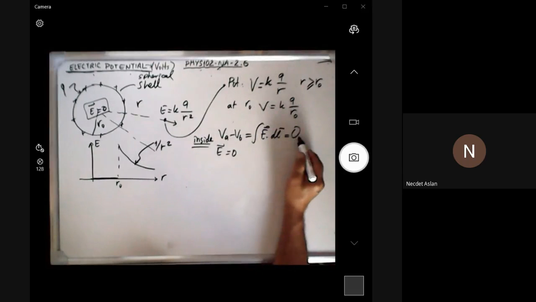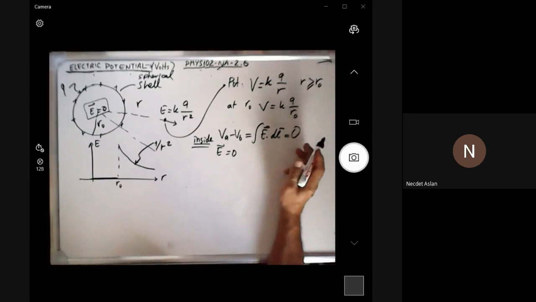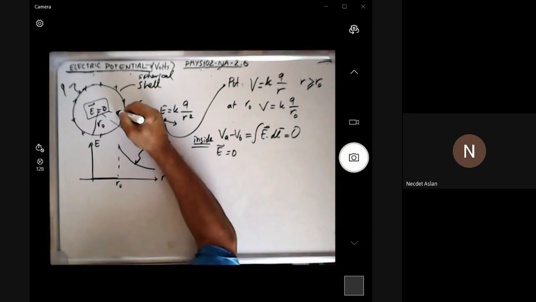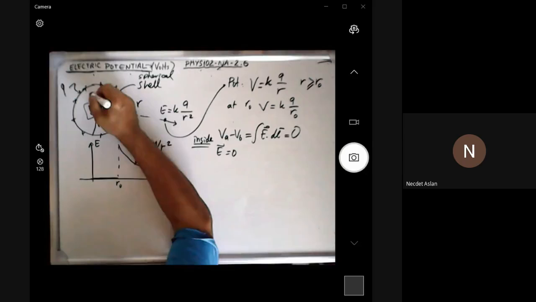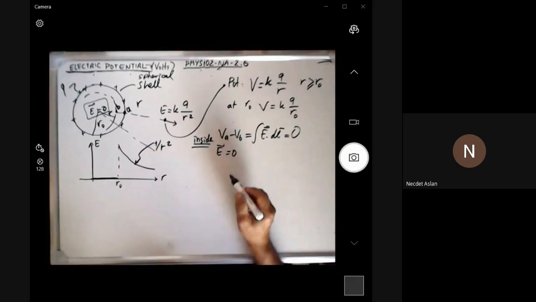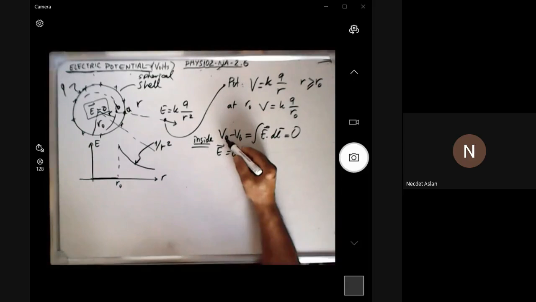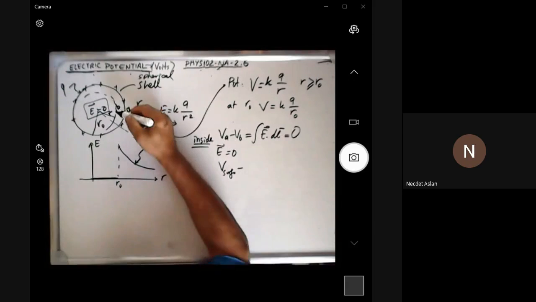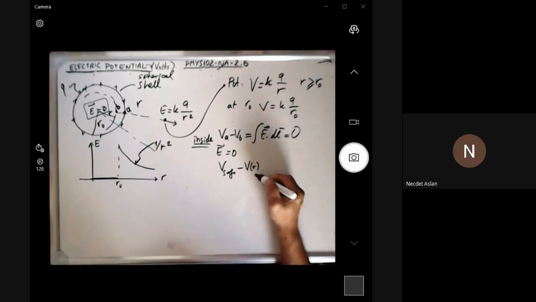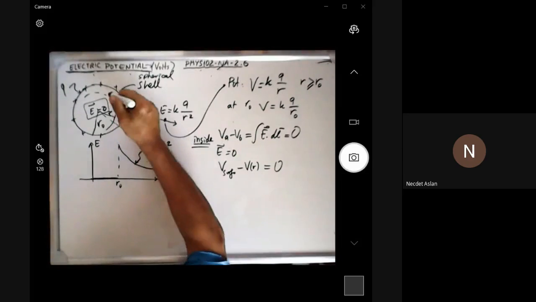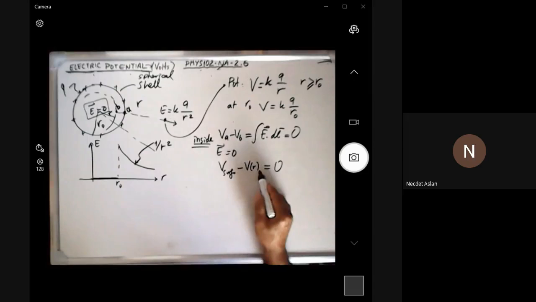So this integration is zero, and VA and VB can be taken as any point A and point B inside, at any distance r smaller than r0. If we consider A as the surface potential and B as the potential at r, then there is no electric field in between, so V surface will be equal to V at r.